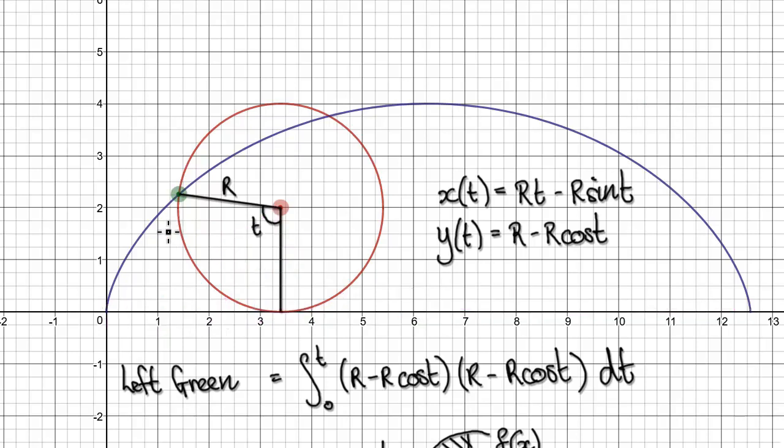So if we're trying to work out this area here, it's really the integral from 0 to t, because by the time it gets around here, this thing here will be t. So we are integrating from 0 to t, to work out this green area here.